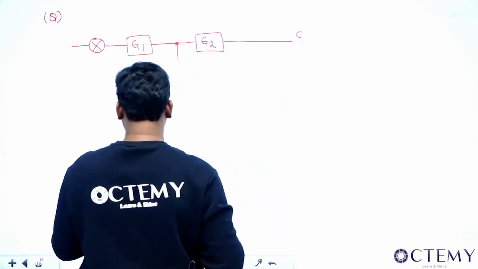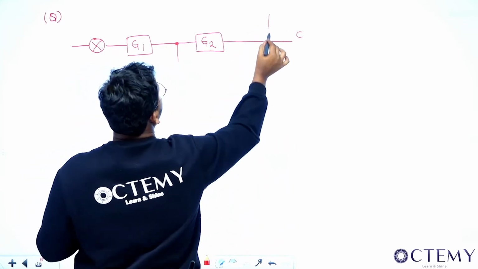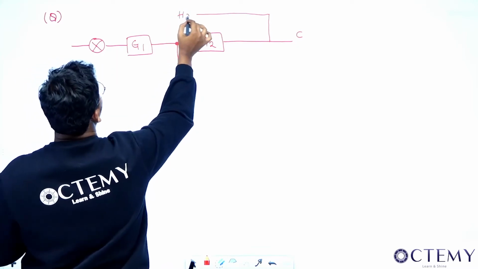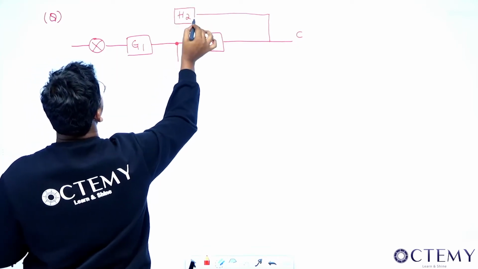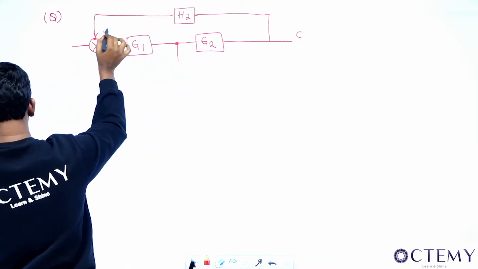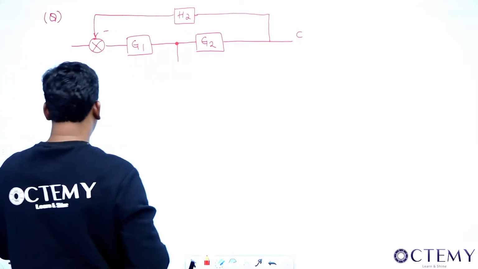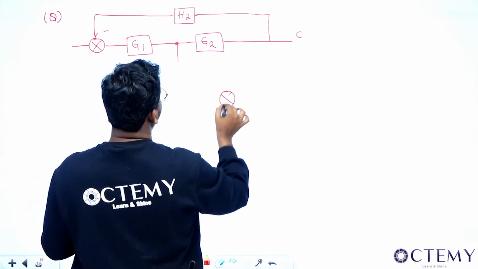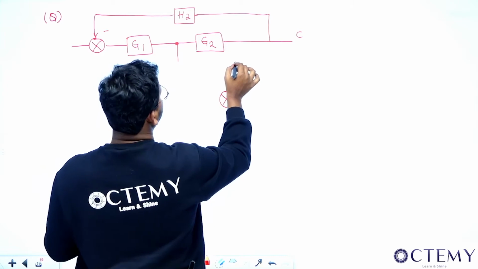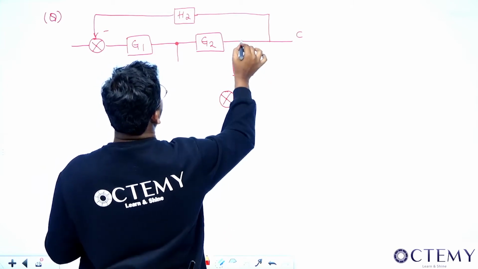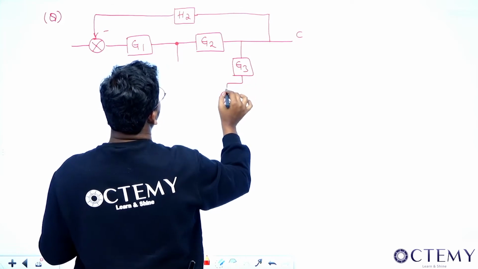Now see, from here you are getting a feedback as H2. This is the feedback H2 which is coming to the first block here. And what feedback is this, sir? This is negative feedback, right? And from here you have a summing point, and the summing point is getting G3 here, and this is coming here like this.